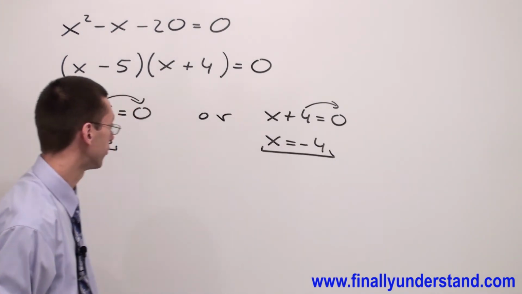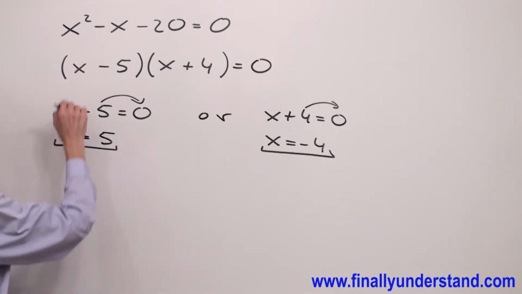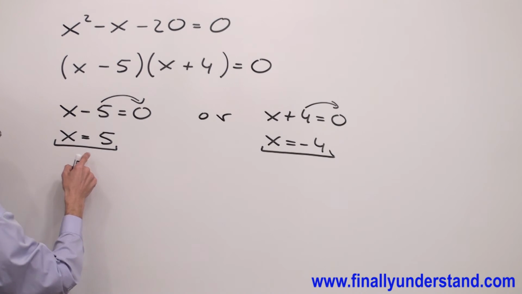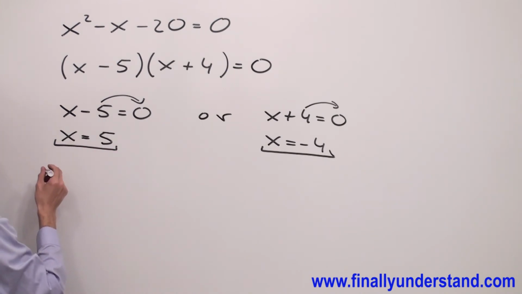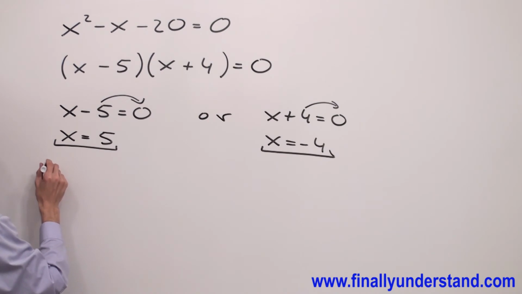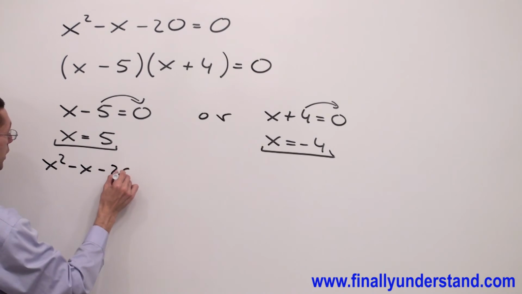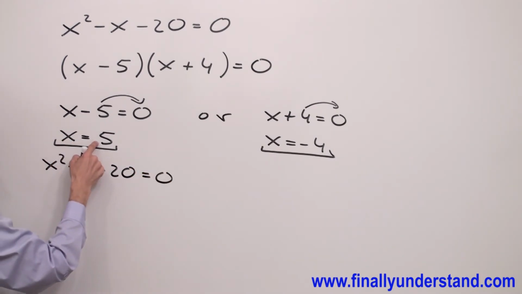In order to verify if these answers are correct, you're supposed to substitute the x's in the original equation by 5 and later on by negative 4. So let's verify these two answers. We have the original equation x squared minus x minus 20 is equal to 0. X is equal to 5.